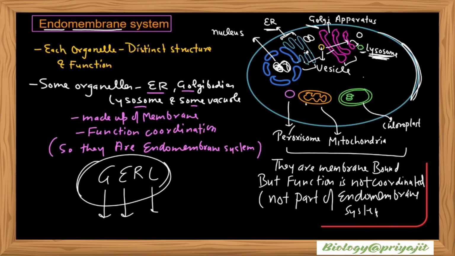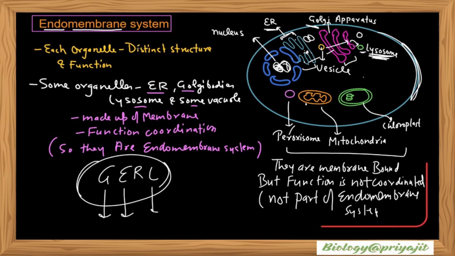The image shows the endomembrane system, where each organelle has a distinct structure and function within the cell. Organelles like the endoplasmic reticulum, Golgi bodies, lysosomes, and some vacuoles are made up of membrane-bound structures.